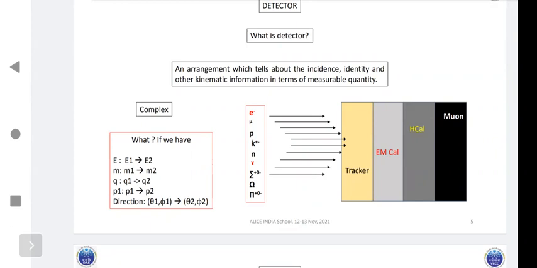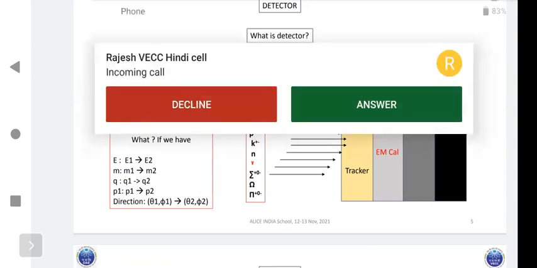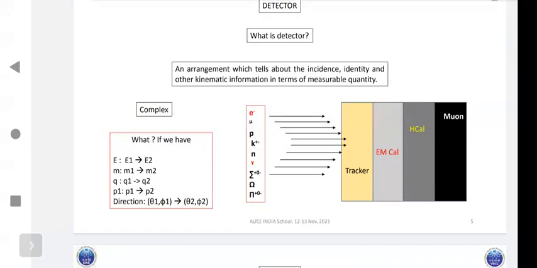You can calculate it; take it as a very small homework. So at least it is clear that hadronic interaction is less probable, and that's why people always try to keep the hadronic calorimeter after the electromagnetic calorimeter when you have a complex setup for the experiment.